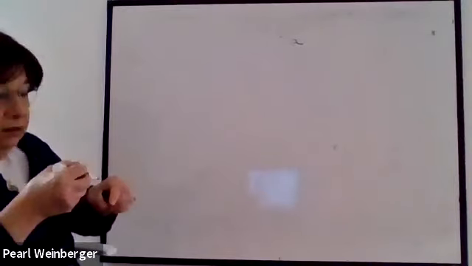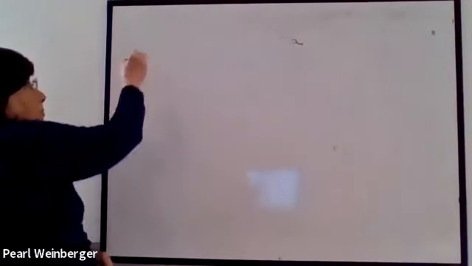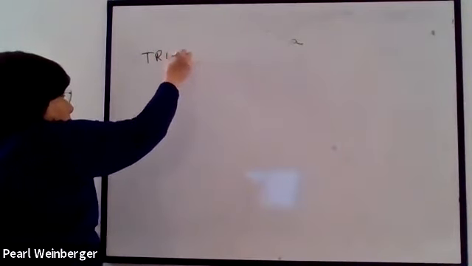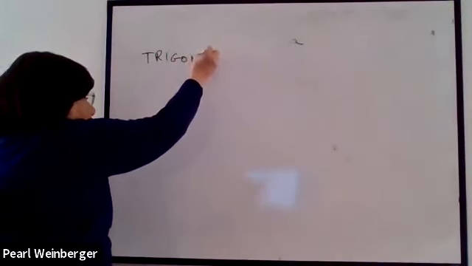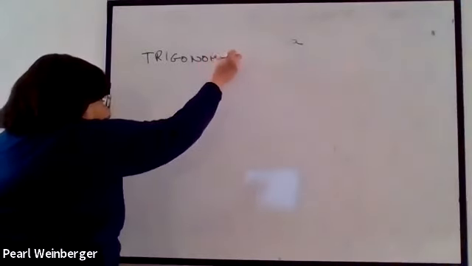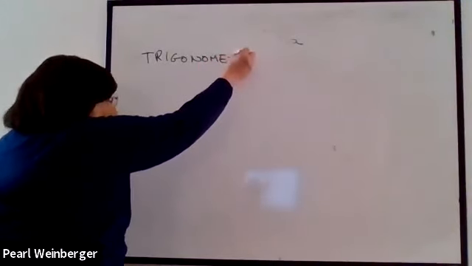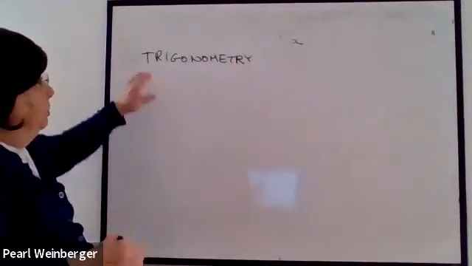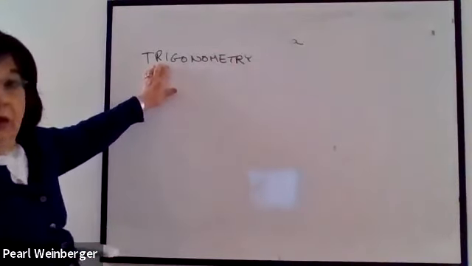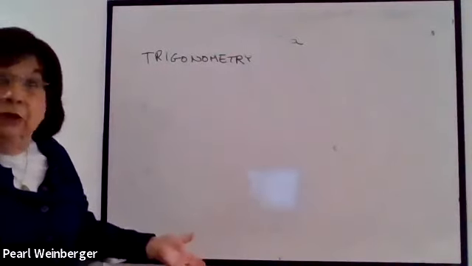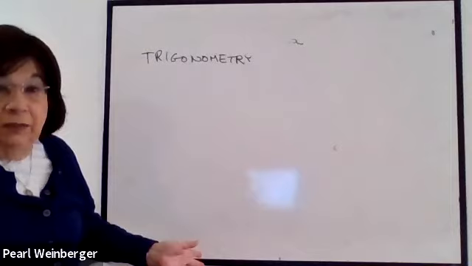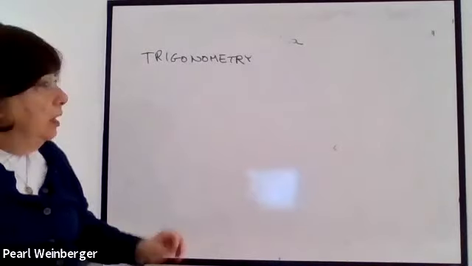Okay, so as I said, the next topic we're talking about is something called trigonometry. And its name gives you an idea of what we're going to be talking about. The prefix tri, like a tricycle or triplets, indicates something that has to do with 3.